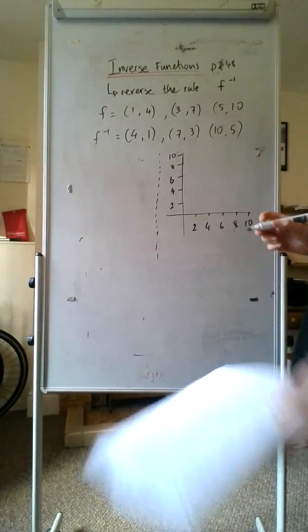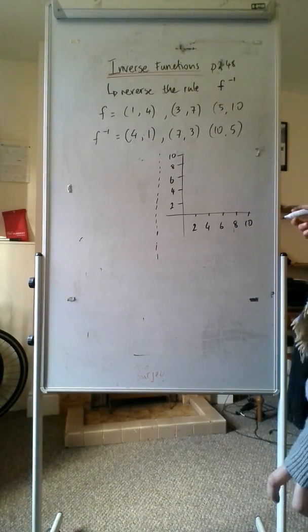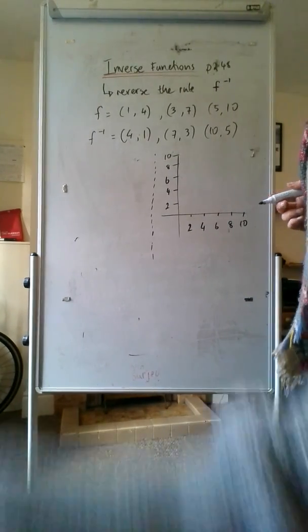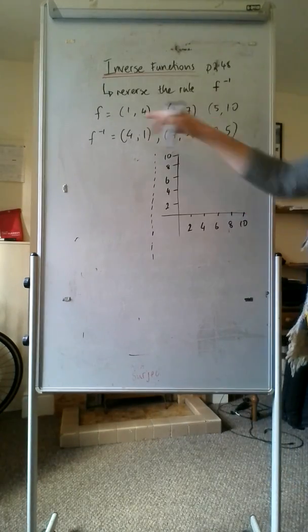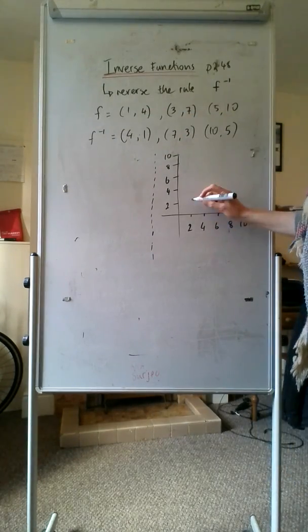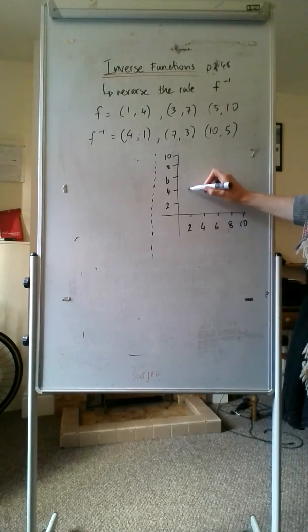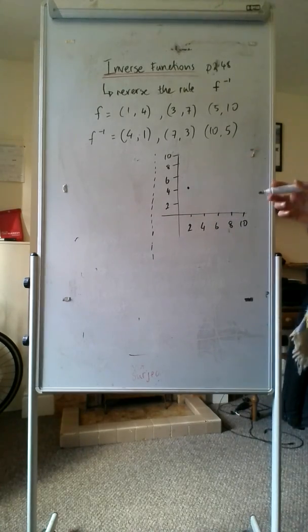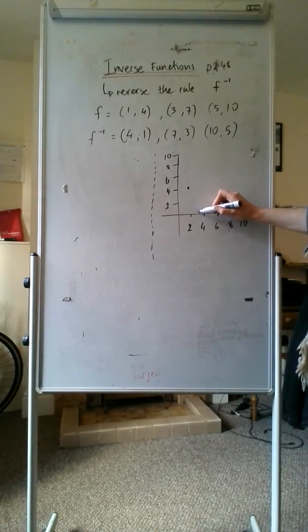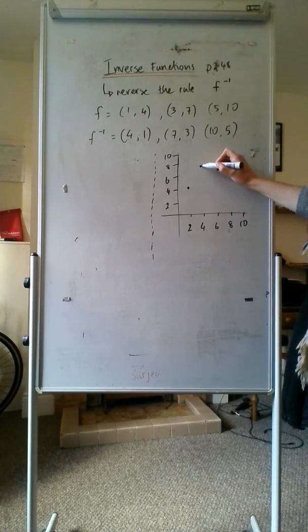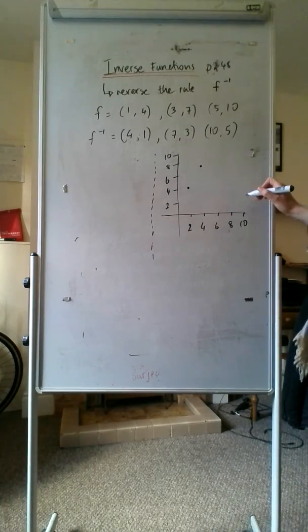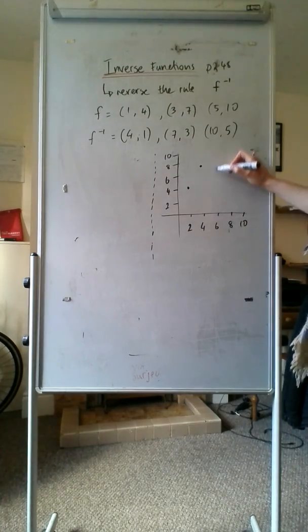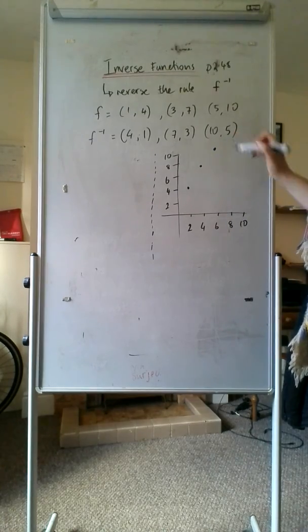Very rough sketch, but it's just for you to see what an inverse of it is going to look like. If we plot f, it would be (1, 4), (3, 7), and (5, 10). Very rough sketch like that.